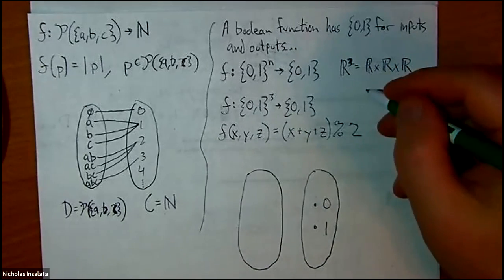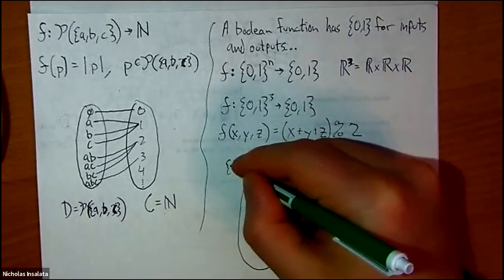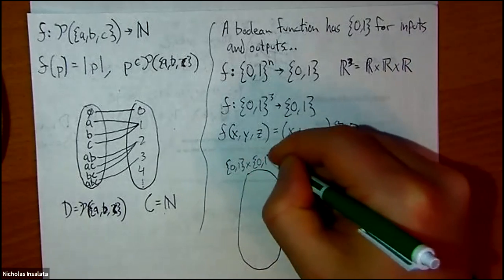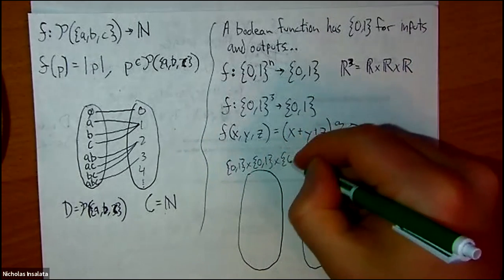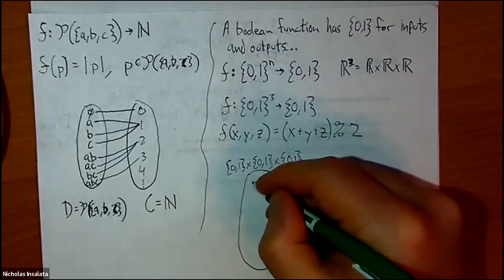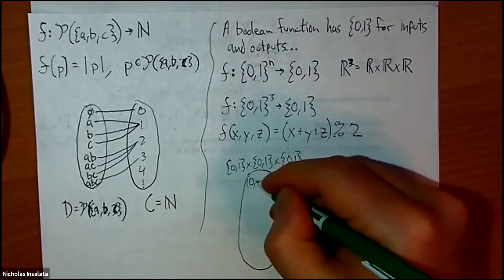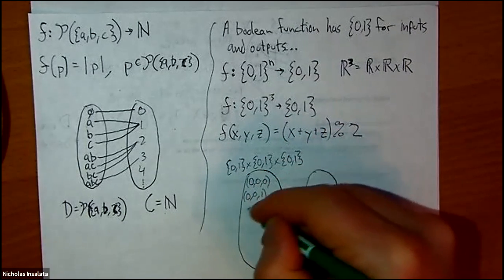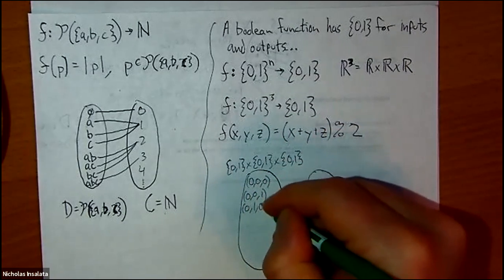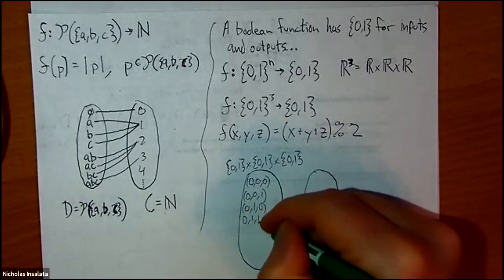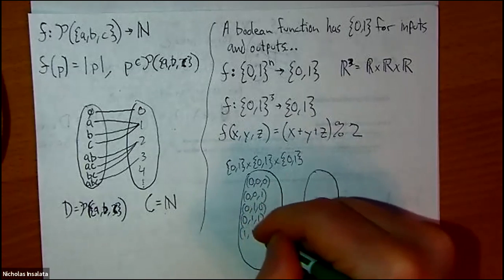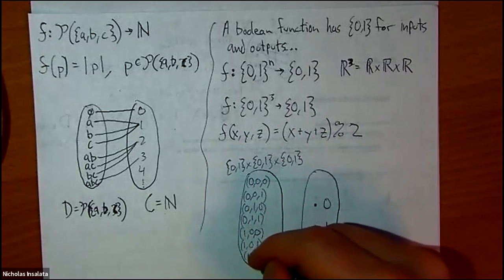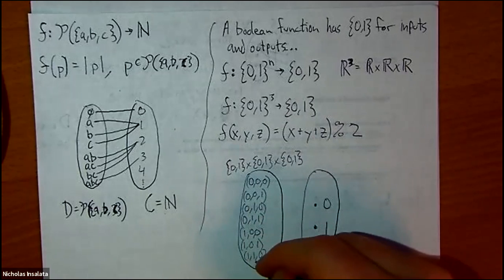Because it'll be the set {0, 1} cross {0, 1} cross {0, 1}, which is going to leave us with 000, 001, 010, 011, 100, 101, 110, and lastly 111.